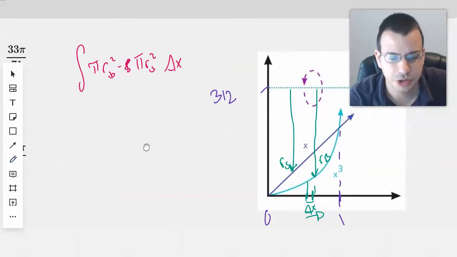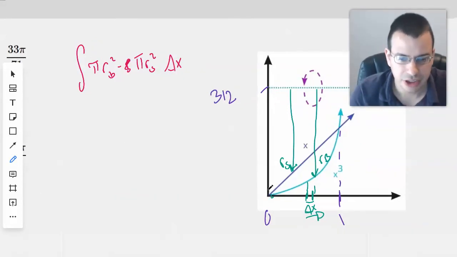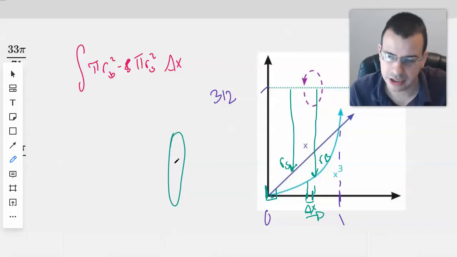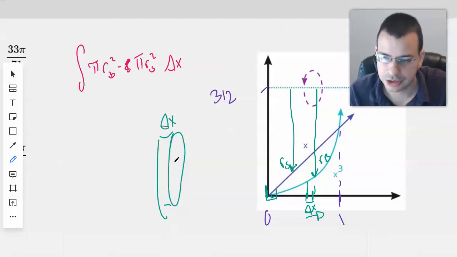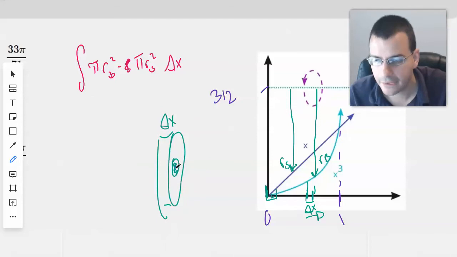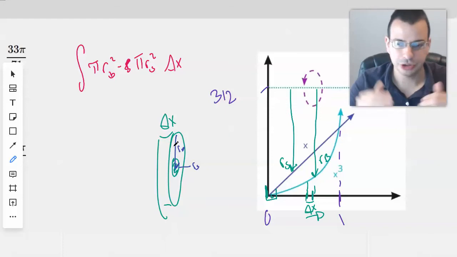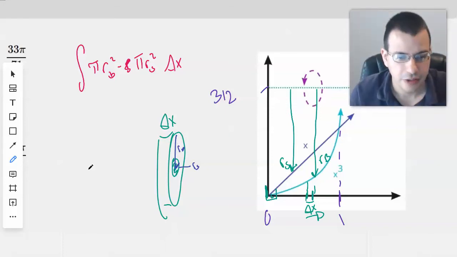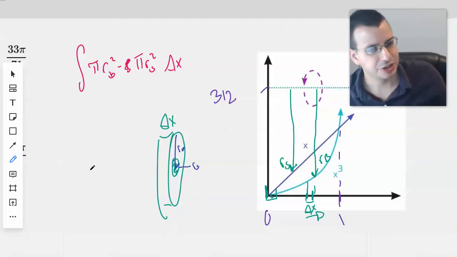So the idea here is we're going to find each of these, I'll call them washers, but it's really just a disk with a delta x with a small disk cut out from the middle. Here this will be R big, here that'll be R small, and we'll just do the R big minus the R small. So we're making one disk, subtracting out the inner disk, and we're integrating in the x direction.